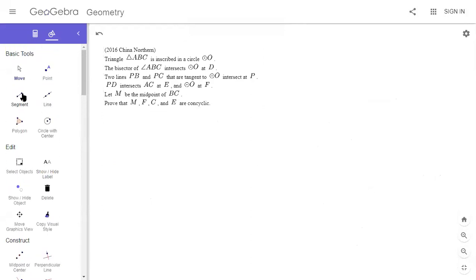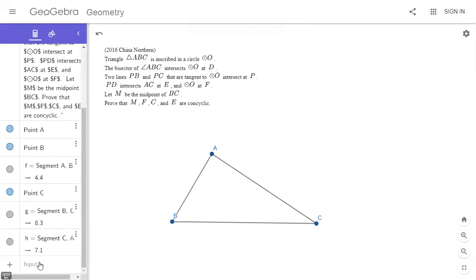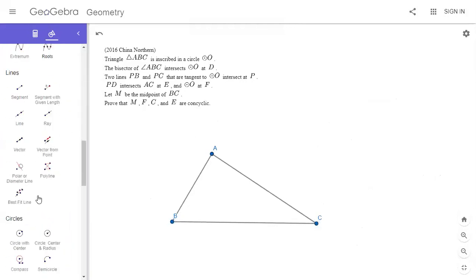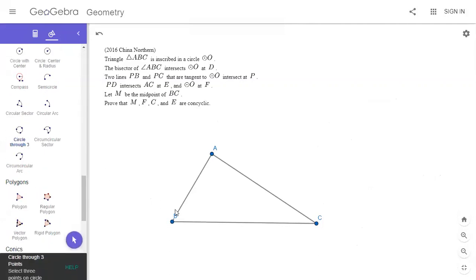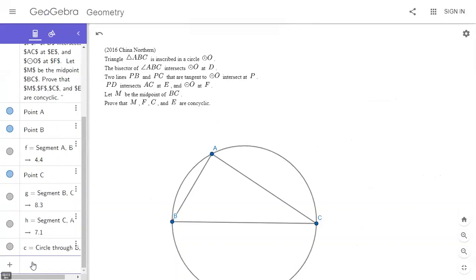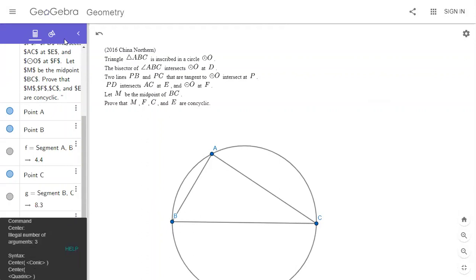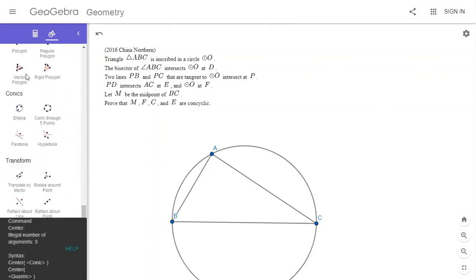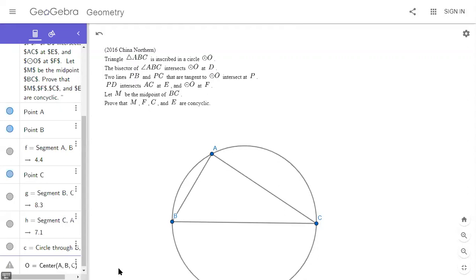So we have a triangle ABC is inscribed in a circle O. I like doing it this way better. Now I can call the center O. Oh, whoops. No, let me delete this guy.